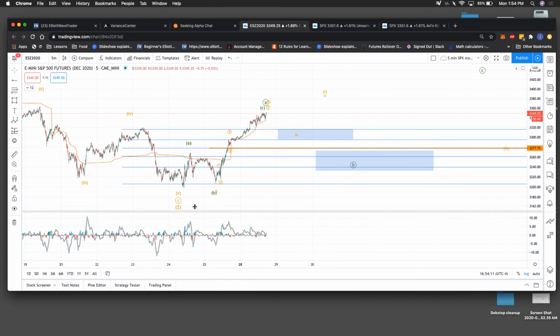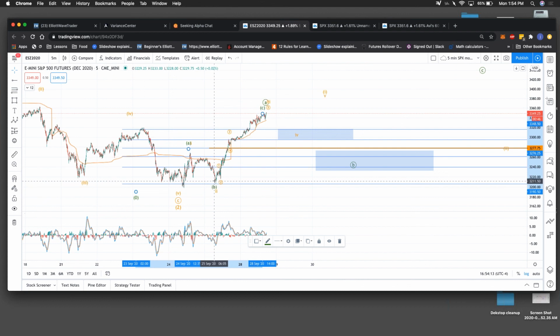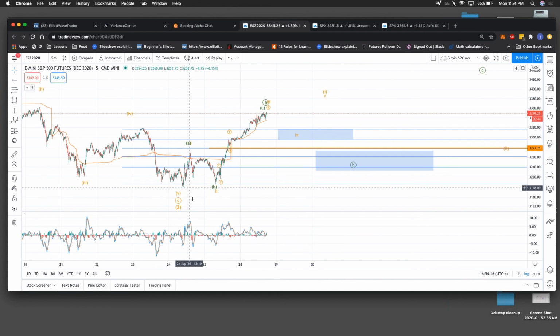Interesting to note this now: look at the strength of the technicals into this move on Thursday's high. And now, if we're completing a potential C wave up here, look how weak the technicals are.